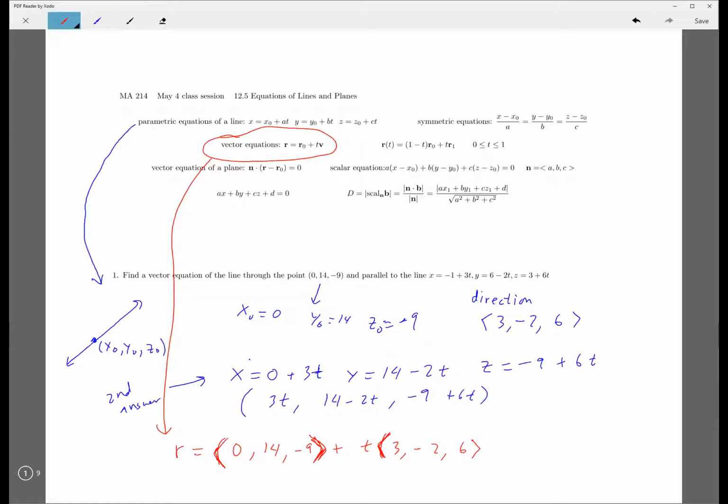So let's see here. Vectors. Three, -2, 6.